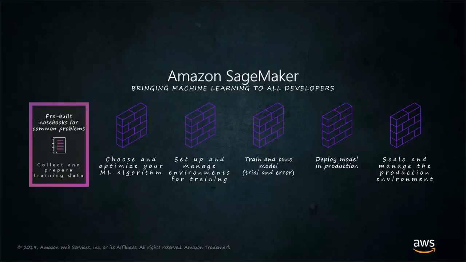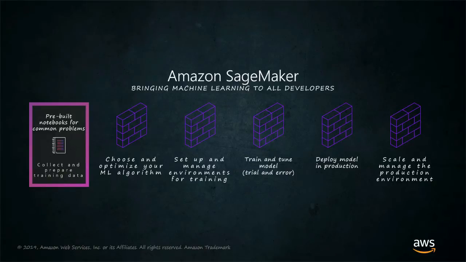Starting from the first, it helps customers because as you all know, 70% of your time is consumed by cleaning and pre-processing your data. Amazon SageMaker provides simple Python notebooks to clean your data. You can create your own notebook, or you can use a pre-built notebook provided by Amazon.